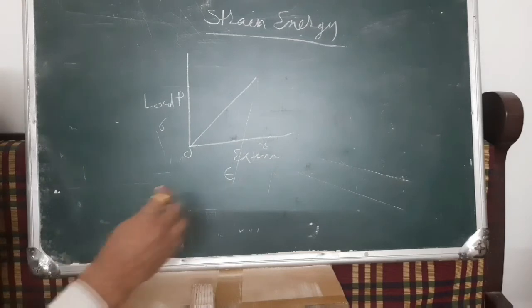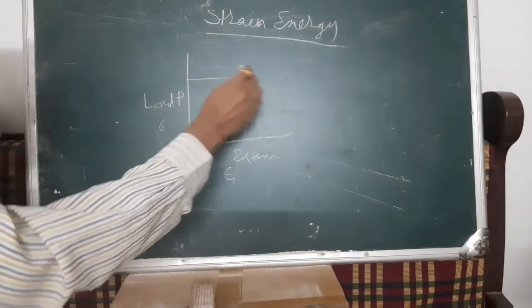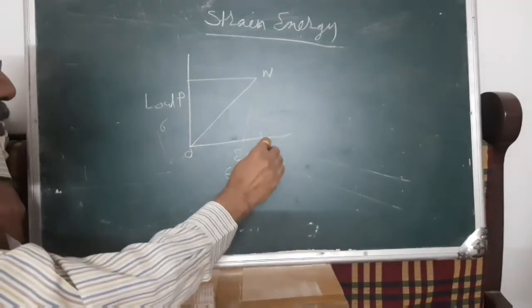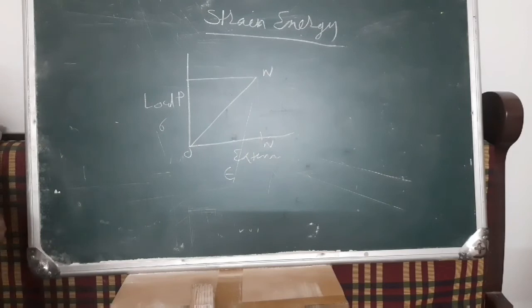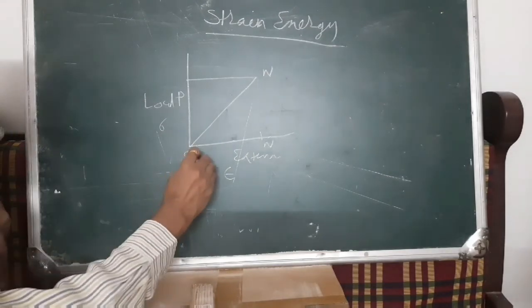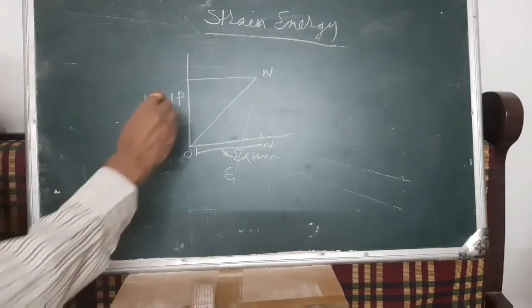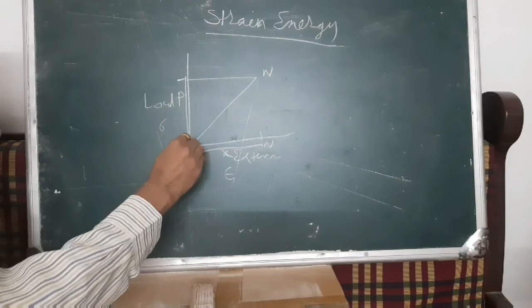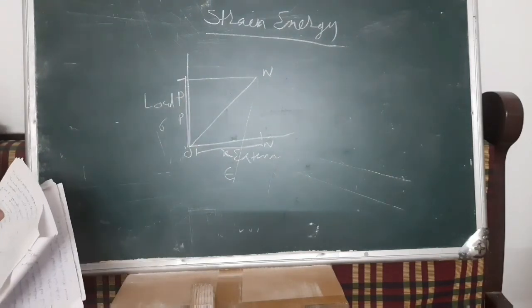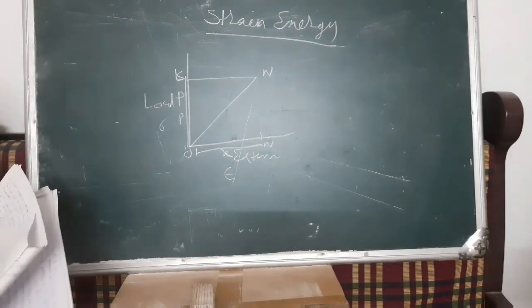Let this be the point M, and N be the point where we get the maximum extension of the element, and let x be the length, and let P be the force acting on the element, the load P. Let this point be K, where the load is maximum.